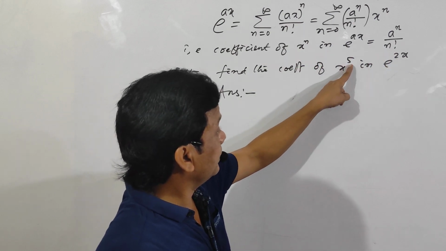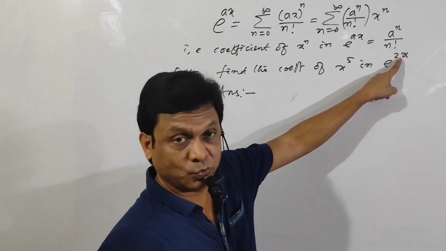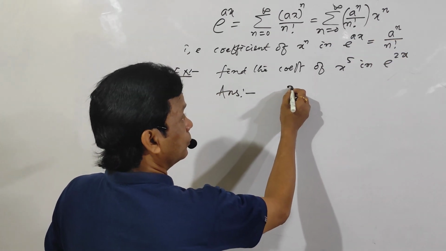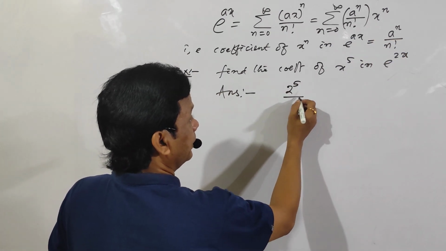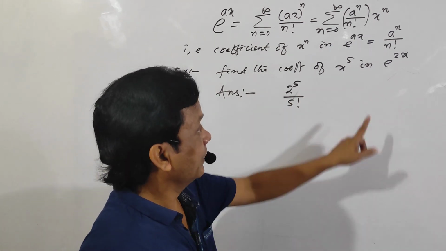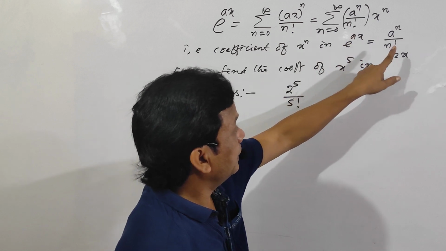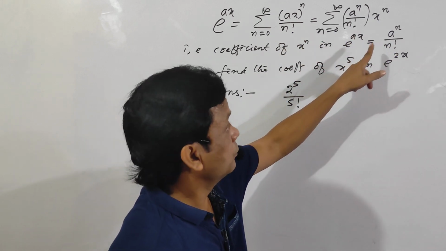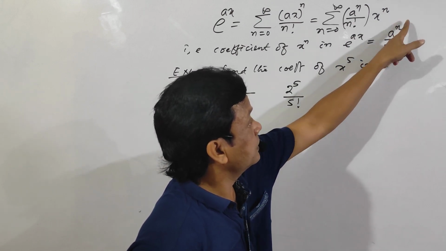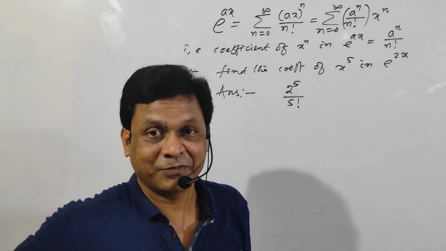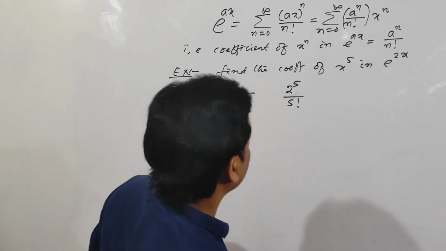So directly we put the formula. So the answer is 2 to the power 5 by factorial 5. In place of a, you have written 2. In place of n, you have written 5. So put n is equal to 5 and a is equal to 2: 2 to the 5 by factorial 5. So this is the answer. So don't write the steps.